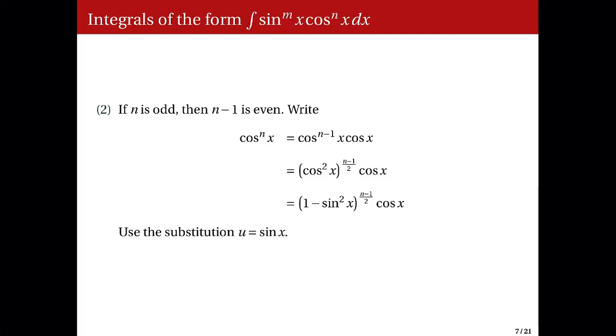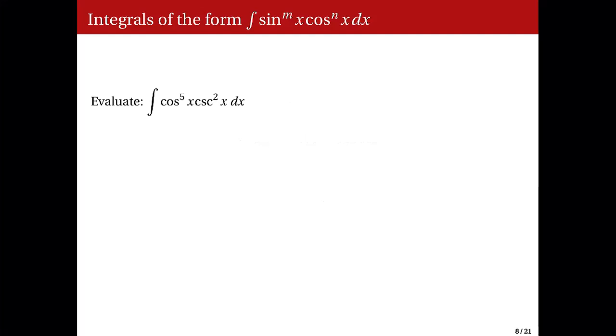So for example, in here you have cosine to the fifth power x cosecant squared x dx. Now, we were talking about powers of sine and cosine, and then we have this cosecant. Just recall that cosecant of x is just 1 over sine x.